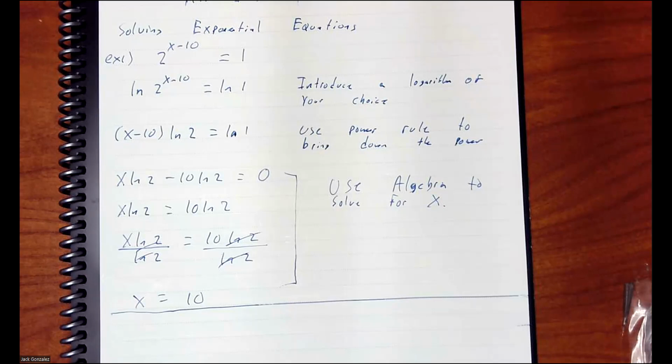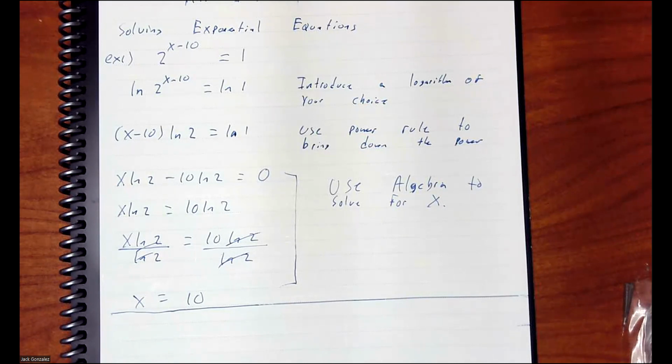It's going to happen in the next question, but now let's say there was an ln4 over here, and I added the 10 ln2. You'd have that on the right side. Then I would be dividing by ln2.